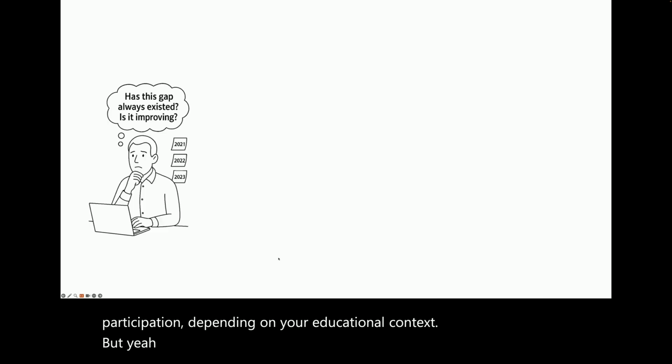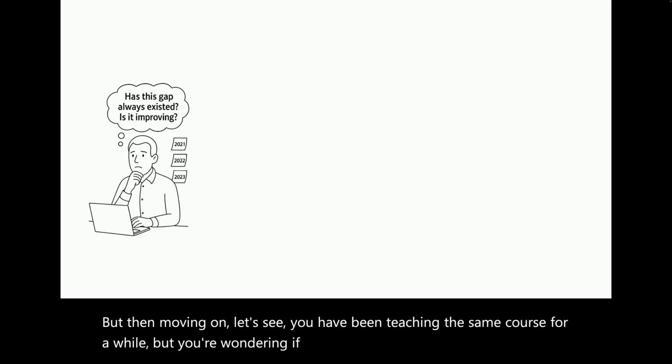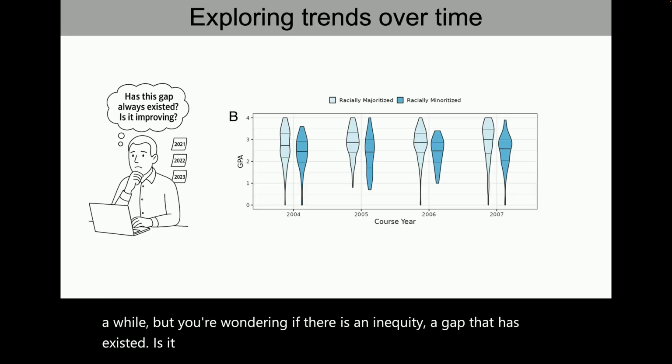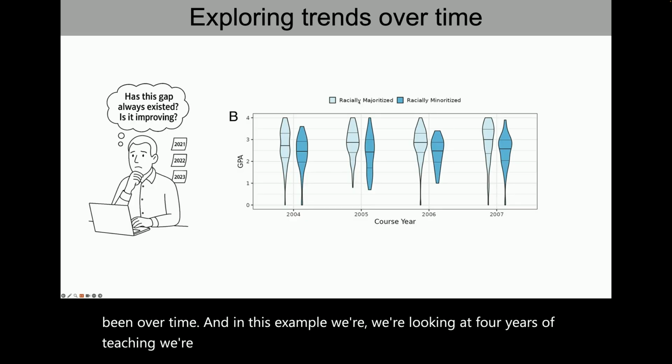But moving on, let's say you have been teaching the same course for a while, but you're wondering if there is an inequity, a gap that has existed, is it improving? It might be worthwhile looking at how the gap has changed over time. In this example, we're looking at 4 years of teaching, focusing on racially minoritized and majoritized students and the differences between them.